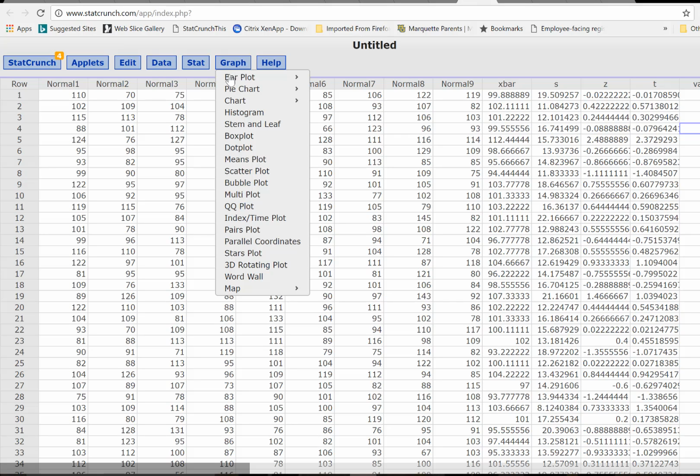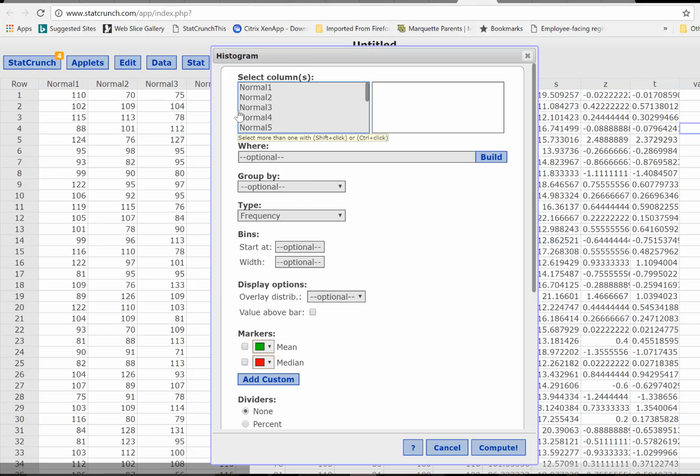I'm going to draw a graph, and the graph I'm going to draw is a histogram. I'm going to draw a histogram of Z and a separate histogram of T. Well, you know what, I'll just do them one at a time so I can set them side by side rather than in the same screen.